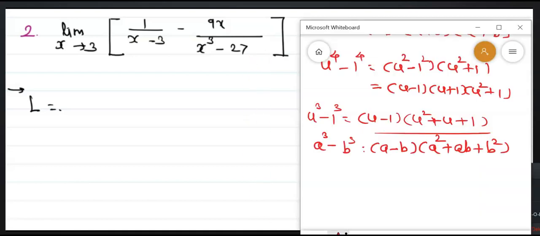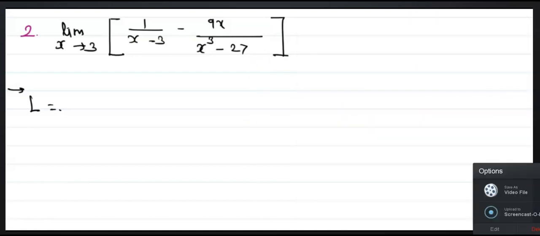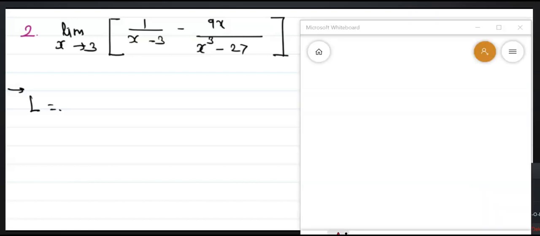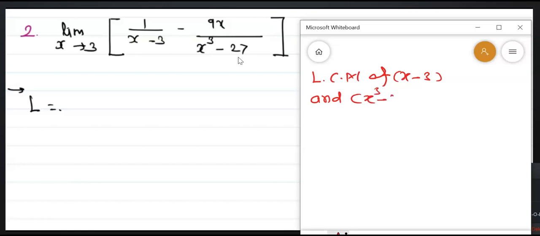Now here, in the denominator we have x minus 3 and x cube minus 27. Now we will factorize this. We will find out the LCM of x minus 3 and x cube minus 27.